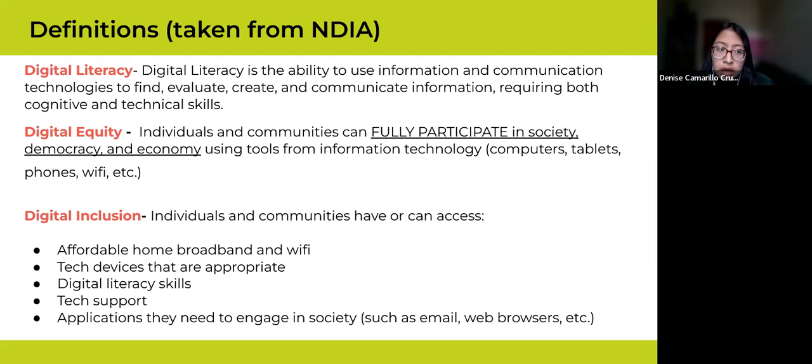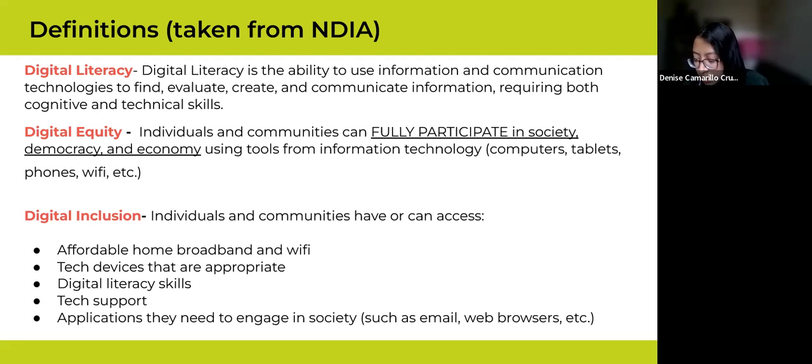And the second term that I have for you all is digital equity, which is a state where individuals and communities can fully participate in society, democracy, and economy using tools from information technology. And IT tools include computers, phones, Wi-Fi, etc. So everything that encompasses that.